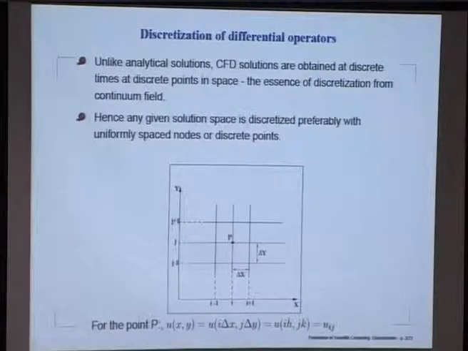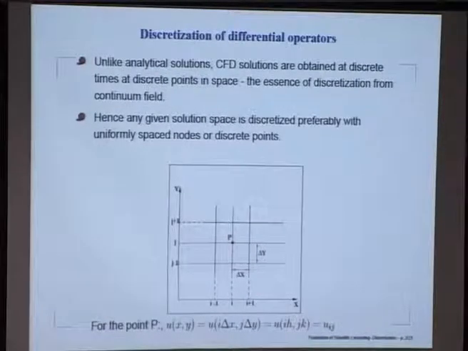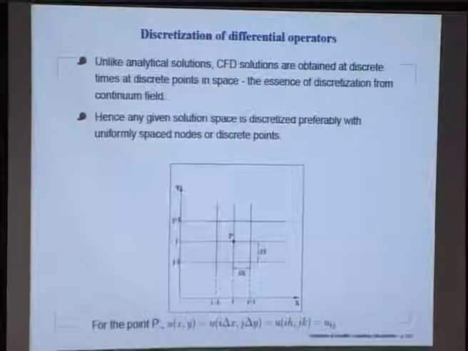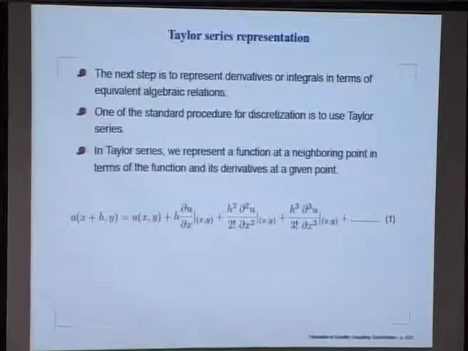I may sometimes use delta x as h, delta y as k. So, we may write it as ih comma jk, or the alternative form that we have seen, using subscripts i and j indicating the nodal location of the point in question.